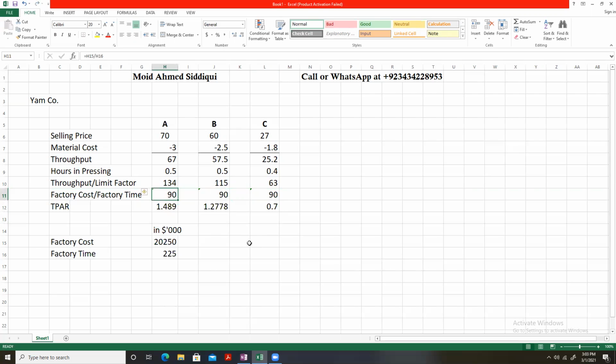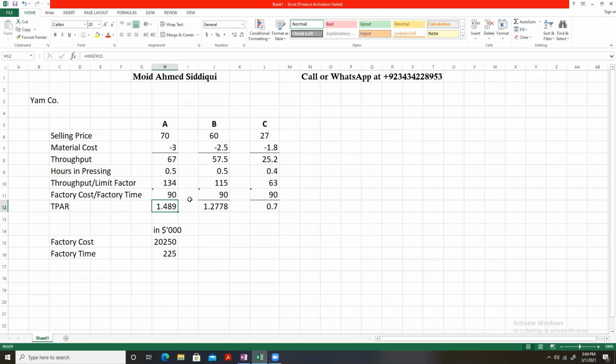The throughput accounting ratio for the three products is 1.489 for A, 1.2778 for B, and 0.7 for C. This is how we calculate the throughput accounting ratio.